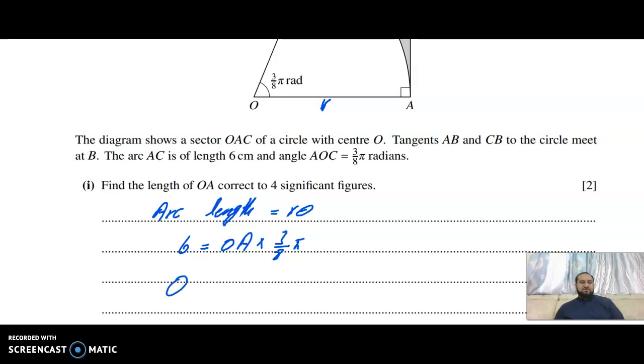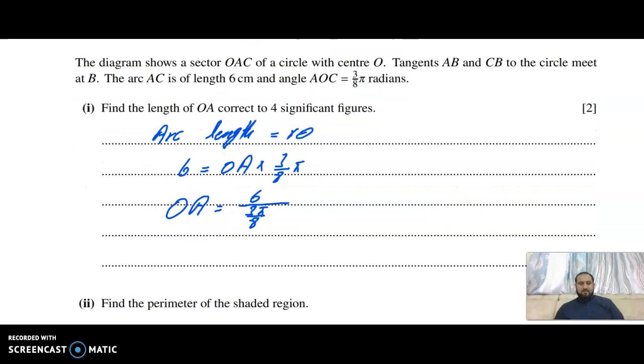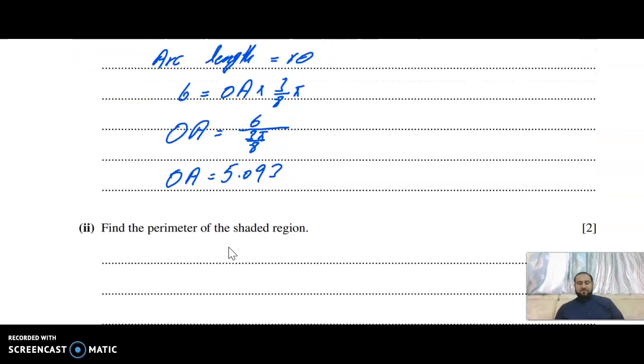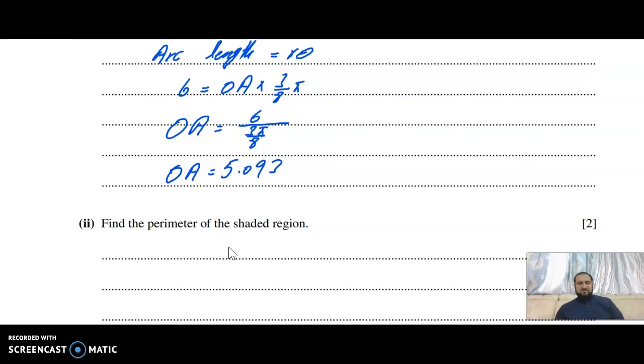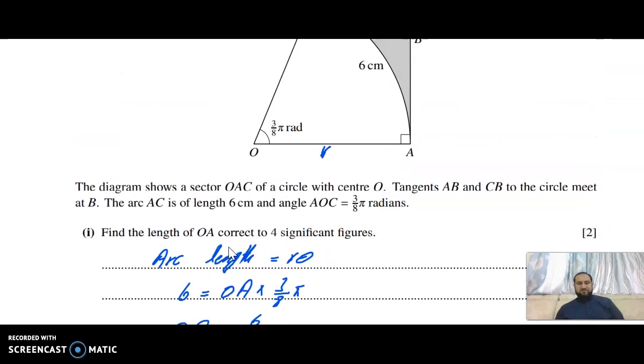So that means OA is equal to 6 over 3 pi by 8, and then we can simply use the calculator because we need to give the answer to four significant figures. So this will be 5.093.